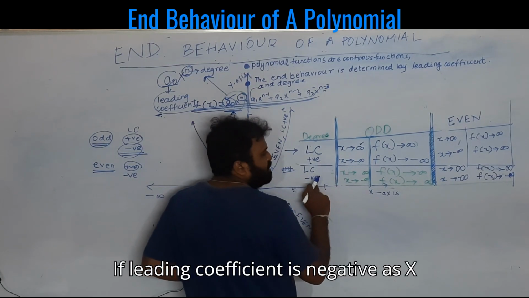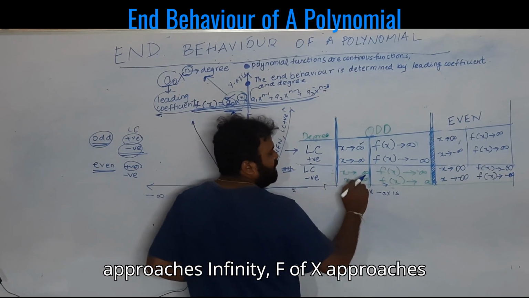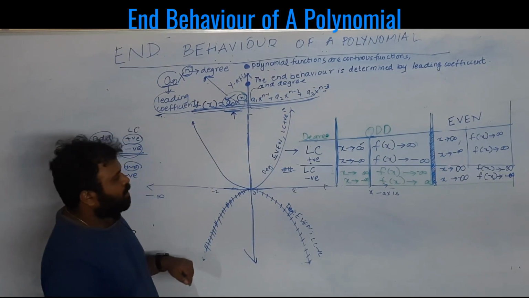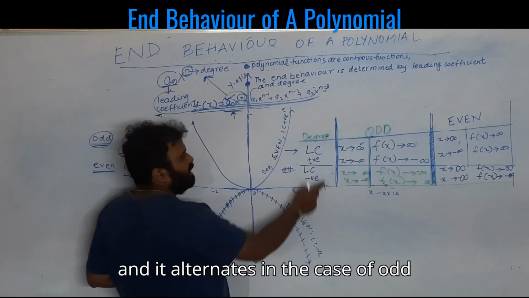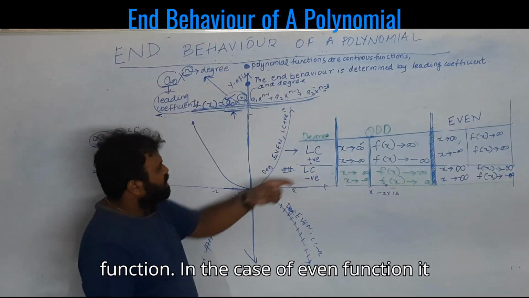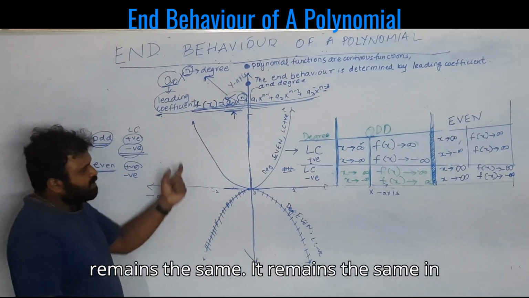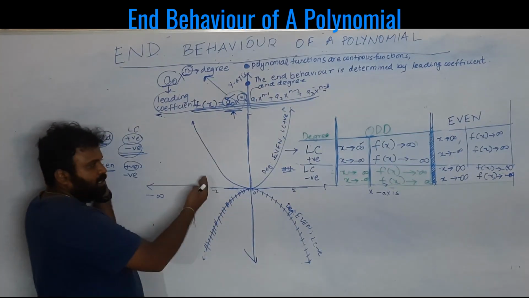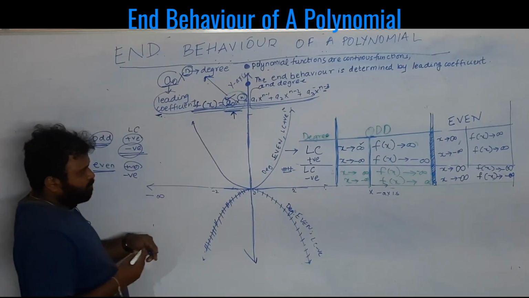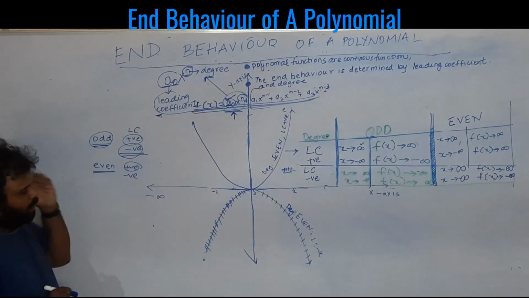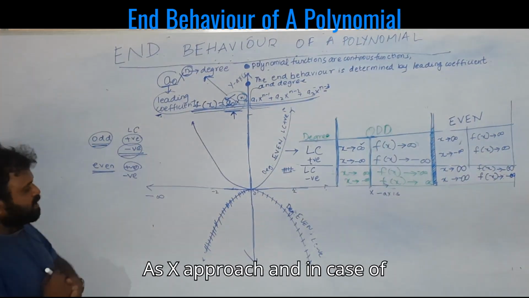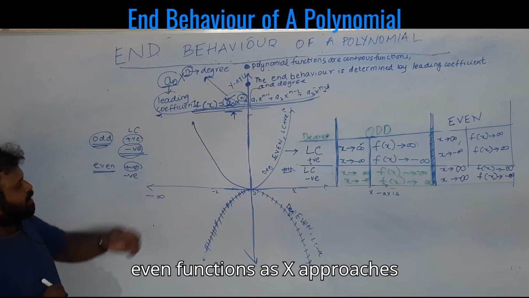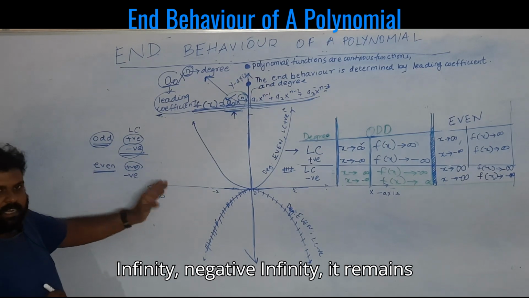If the leading coefficient is negative, f of x approaches negative infinity in both cases. It alternates in the case of an odd function, and in the case of an even function it remains the same.